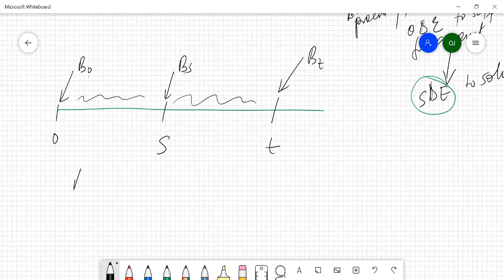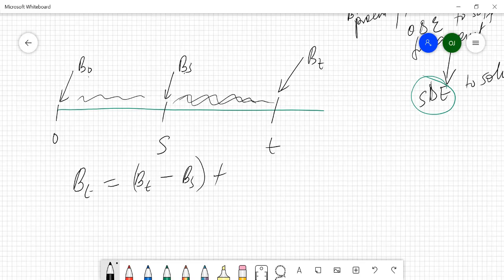So BT is the same as this region, and this region is BT minus BS, plus what happens here, BS minus B naught.